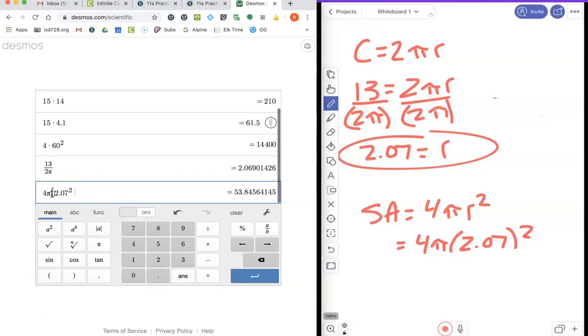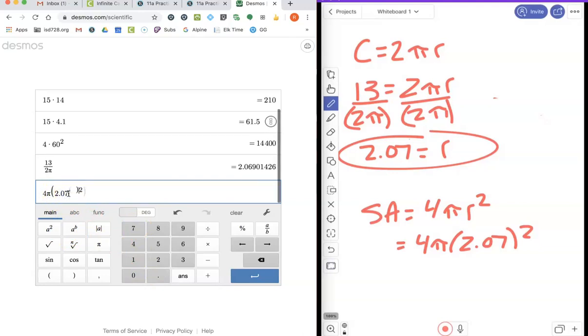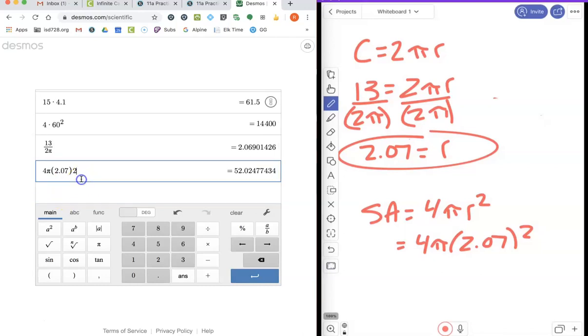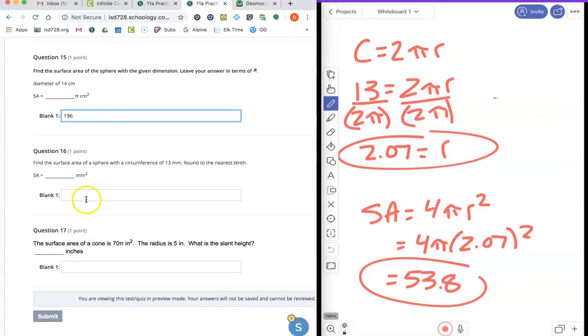I'm going to make sure that I didn't square the whole thing here. Oops. Good. All right, so we have 53.84. They're telling us to round to the nearest tenth for this one. So we're going to keep that at 53.8 for our final answer.